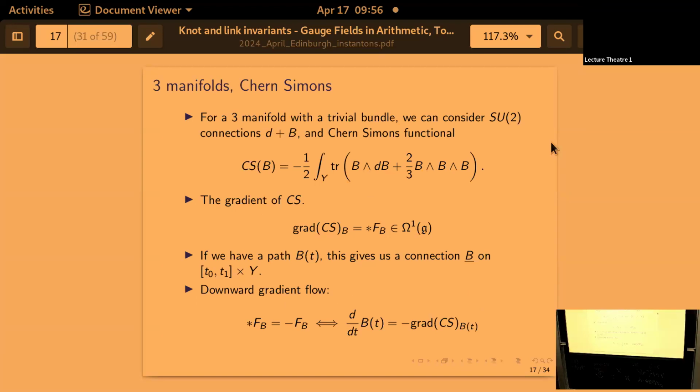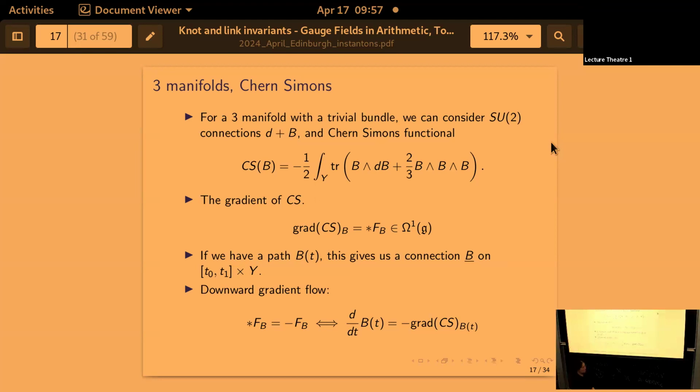So if you have a 3-dimensional manifold with also a G bundle on it, then you can also do this concept of connection in 3 dimensions. That part doesn't depend on being 4-dimensional. So you can consider the space of connections on your G bundle over Y, which is now a 3-dimensional manifold. And then there's this Chern-Simons functional.